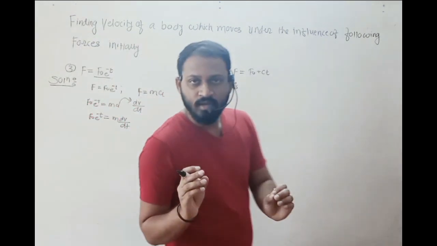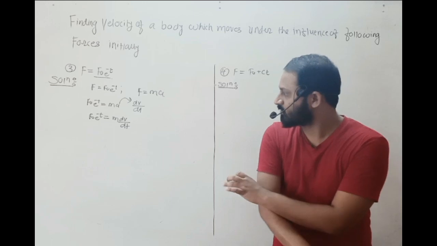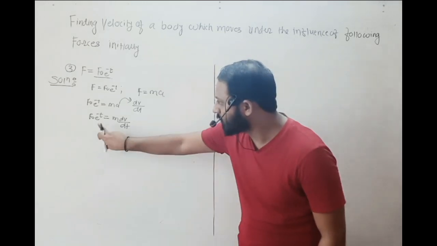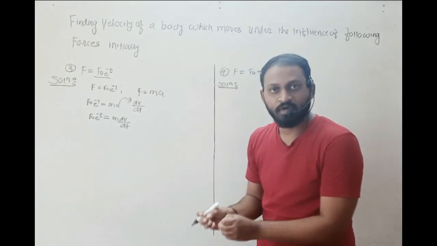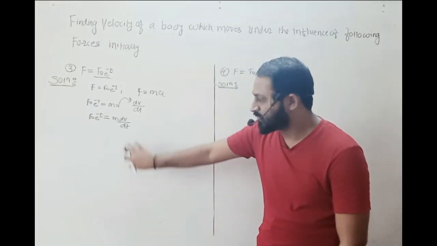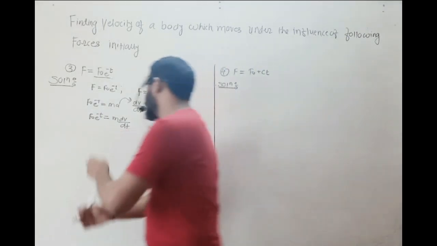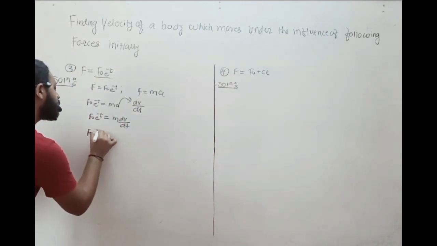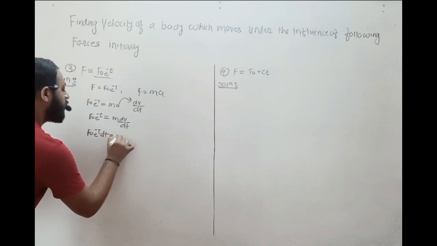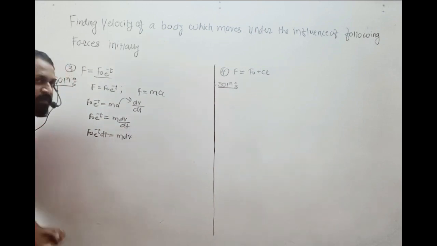You have to separate the variables. Now you can see here the variable e^(−t) is a function of t variable. Then shift this dt on the left hand side. Therefore F0 e^(−t) dt = m dv.